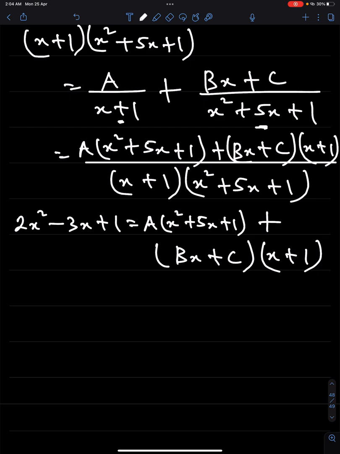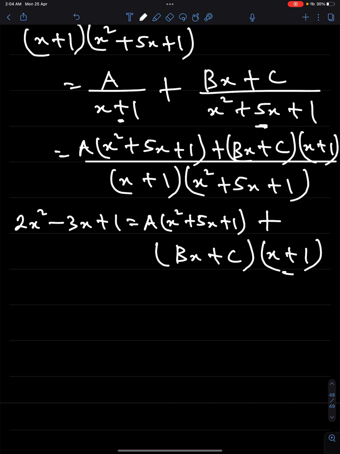Now, is there anything I can do to eliminate two constants so that I'll be left with only one, which I can then solve for? Let's see, if I put x equals minus 1, certainly this will be 0 and the whole of this will be gone. So I'll be able to get a. Yeah, that's what I'm going to do.